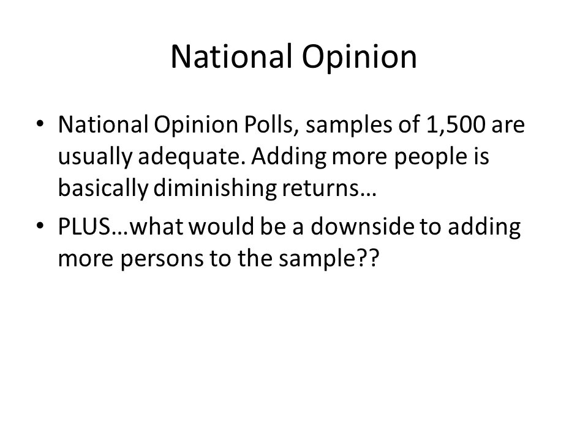And one of the downsides to adding more people to the sample is cost. It might actually cost you more to add 10 or 100 more people when what you have is sufficient and adequate.